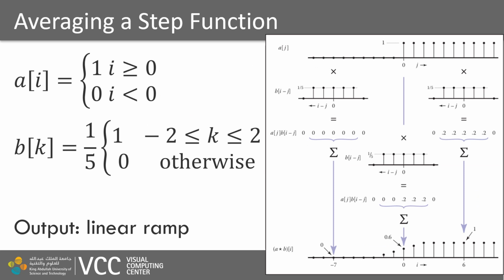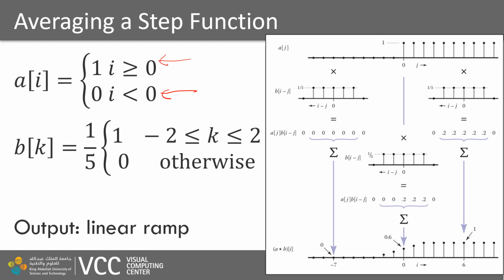Let's have a look at how a convolution with a box filter will behave on a function which is a step function. So the step function is a discrete sequence which has all values smaller than 0, so indexes of j which are less than 0 will be equal to 0, and everything higher than or equal to 0 will be equal to 1.